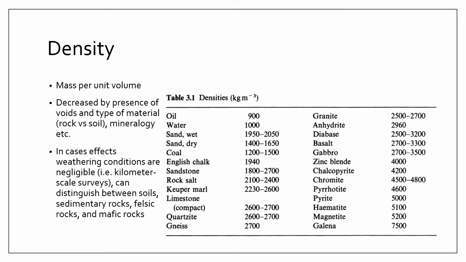Density is important in gravity surveys in the sense that gravitational attraction increases when your mass increases and the distance between your two objects decreases. So gravitational force increases when you are close to an object. When you're closer to Earth, you are actually feeling a stronger gravitational force.